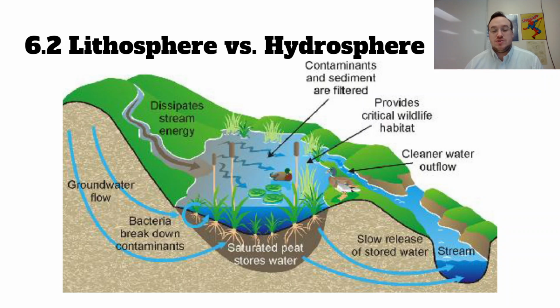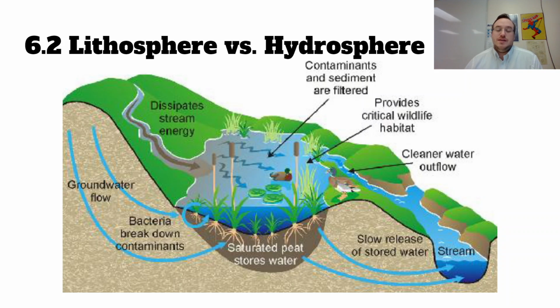From sandbars on the sides of bays that slow down tides entering to provide a natural habitat or a lagoon, to something like this, where there's a bunch of peat, which is just a special type of soil that holds a lot of water, and it's characteristic of swamps and bogs, as well as wetlands like the one pictured here.